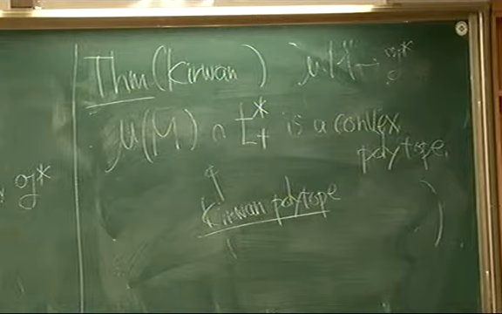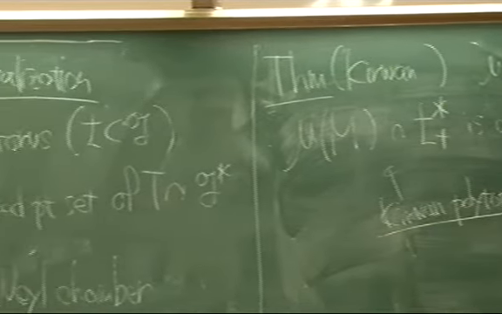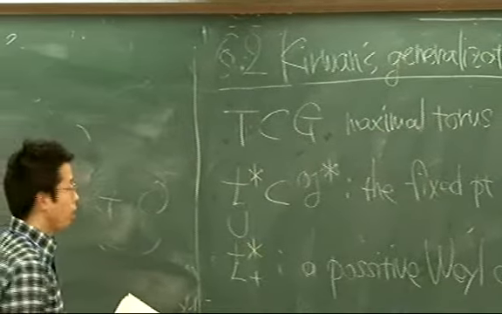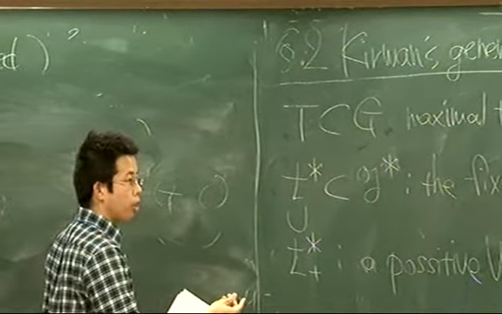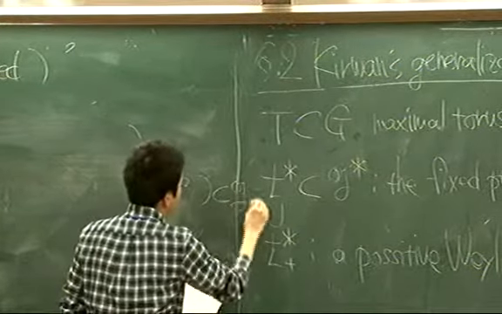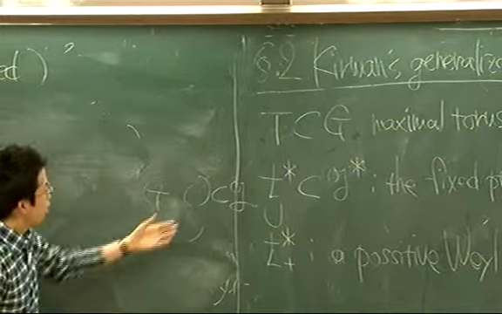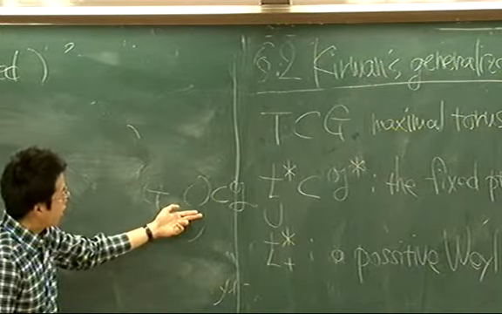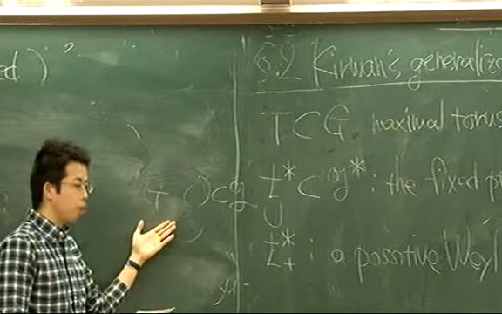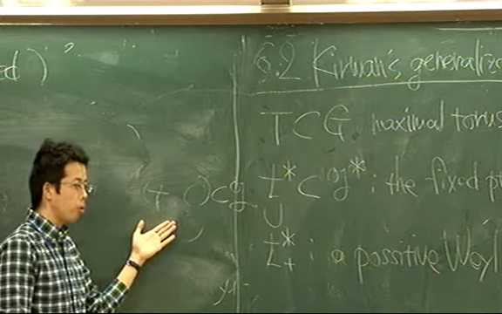So the action on G and G star. If we consider a compact Lie group and its co-adjoint orbit, then G star. Sorry, let's see, the adjoint orbit. Then this has intersection with the Lie algebra of the maximal torus in finitely many points.